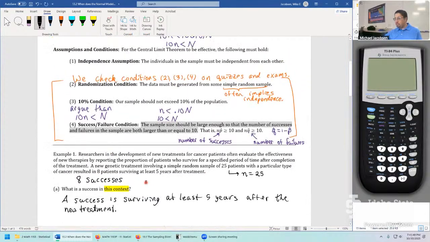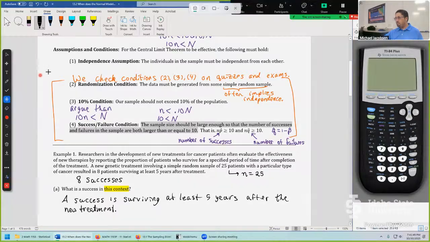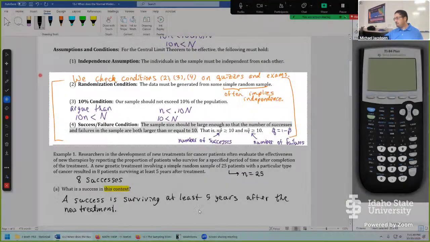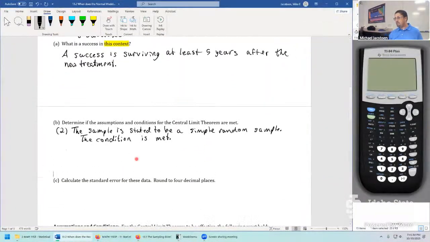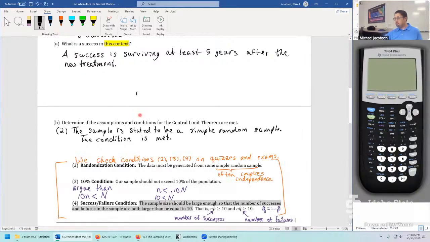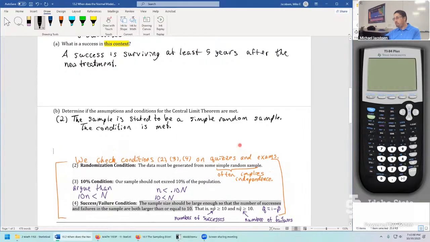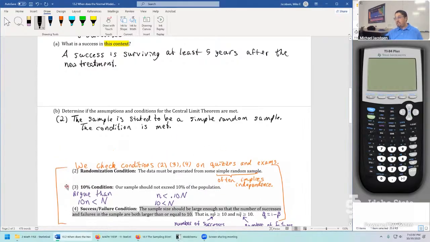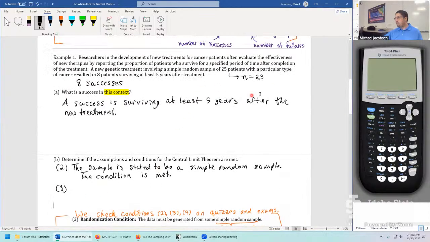Let me take a quick screenshot so we're not scrolling up and down a bunch. So with that condition being met, we'd move on to the next condition, the 10% condition. Here's where it gets a little bit vague. We know the sample size was 25 patients altogether.